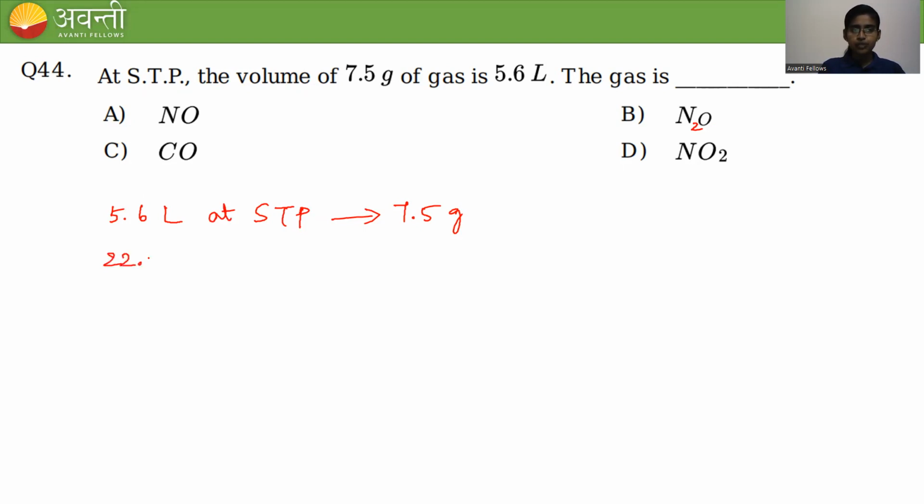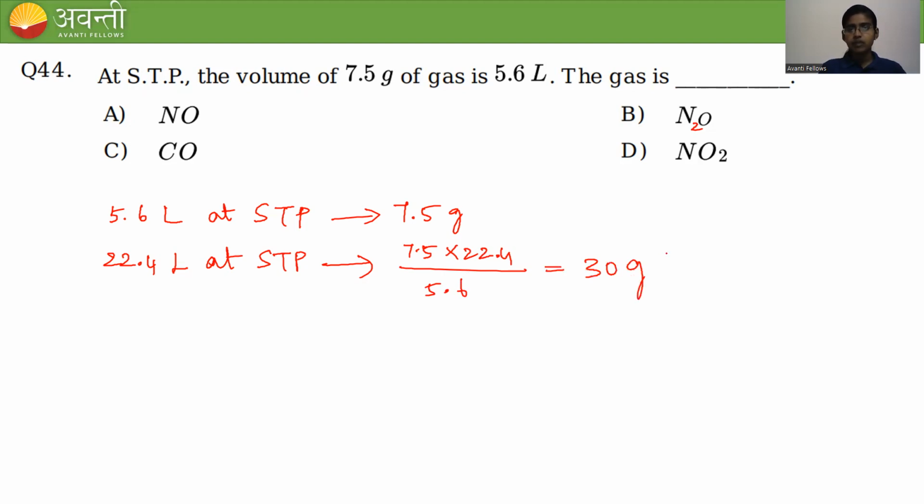It is 22.4, right? 22.4 liter at standard temperature and pressure contains 7.5 into 22.4 divided by 5.6. On solving this, you will get 30. So 30 gram will be produced from 22.4. This is nothing but the molar mass. So the molar mass will be 30 gram per mole.